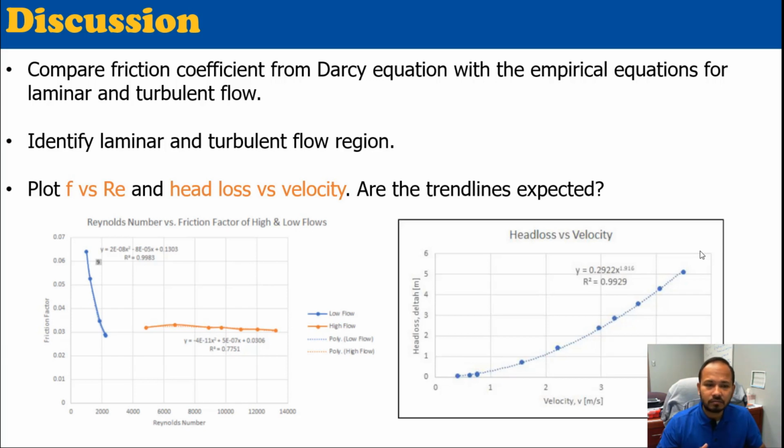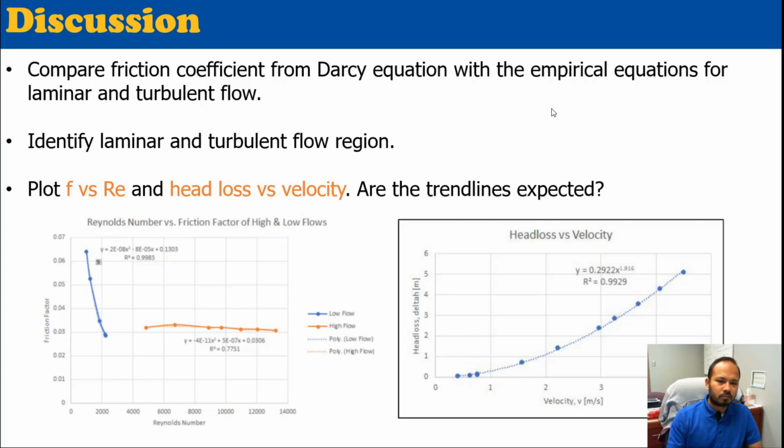In the discussion part, you have to compare the friction coefficient that you find using the Darcy-Weisbach equation with the empirical equation that we discussed in the theoretical part, for both laminar and turbulent flow.